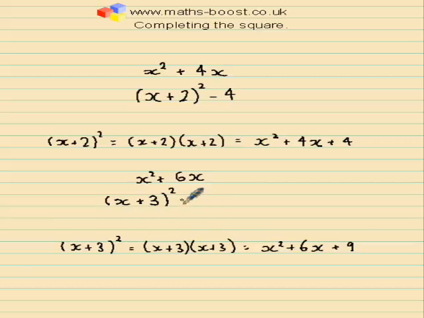So if I compare this expression on the second line with the one above it, it gives me my x squared, it gives me my 6x, but it has also introduced this plus 9. So I'll simply make this come good by undoing that plus 9 by subtracting 9. So now if I was to expand this out, I'd get the x squared, I'd get the 6x, I'd get plus 9, but then I subtract the plus 9, so I end up with just the x squared and the 6x. So these two are now the same.